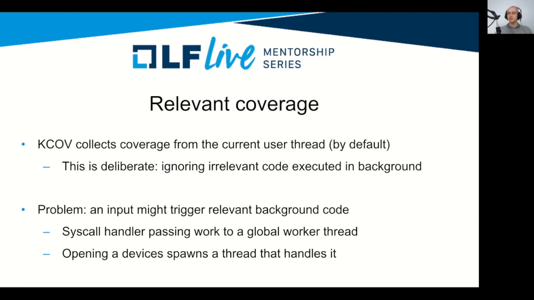So an example would be, let's say you have a device handler, and when you open this device file, like when you create an instance of this device, a background thread is getting created, and then the data that you're writing into the device is actually handled by the background thread instead of being handled synchronously in the syscall. So in this case, you will not be seeing this coverage when fuzzing.